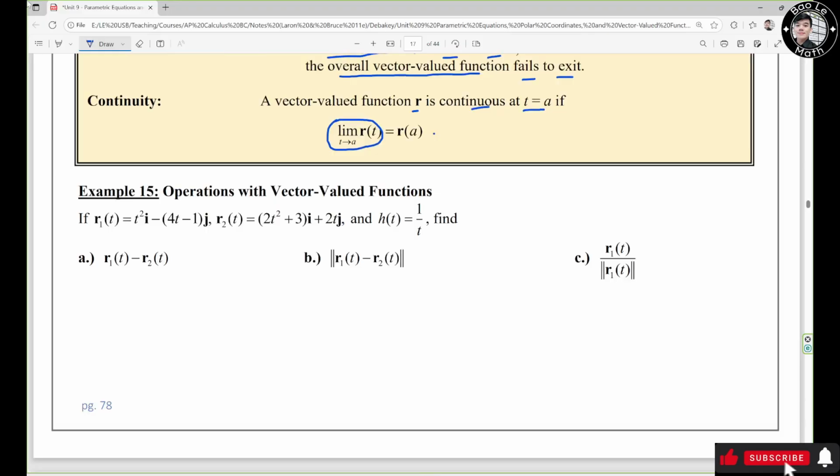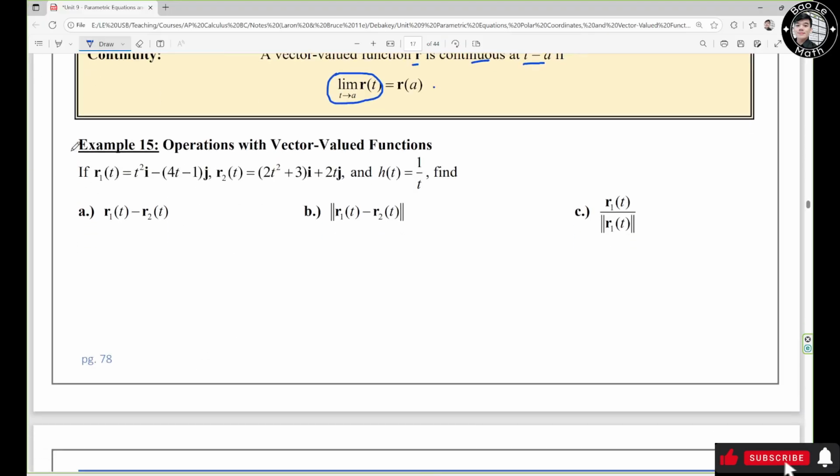Now let's take a look at example number 15. Given the vector valued functions r1, r2, and h of t equals 1 over t. We need to calculate the difference between two vector valued functions right here. So this is the same thing as t squared right here, subtract this one right here.